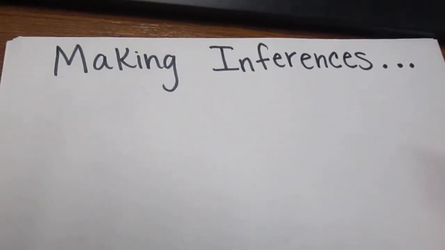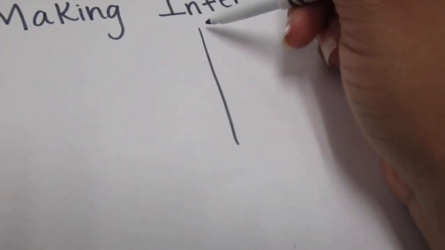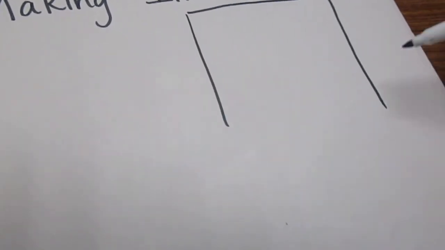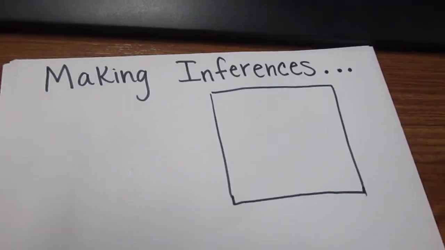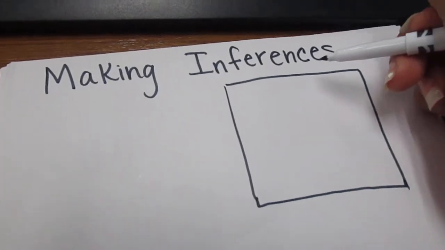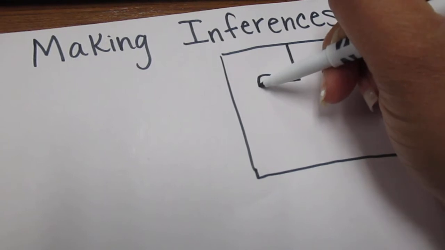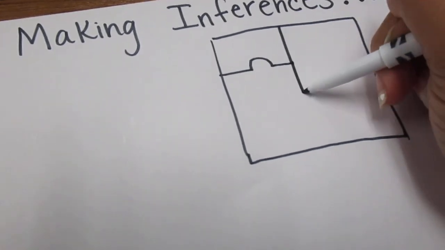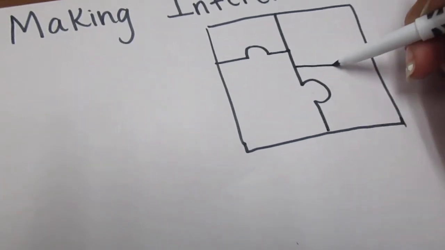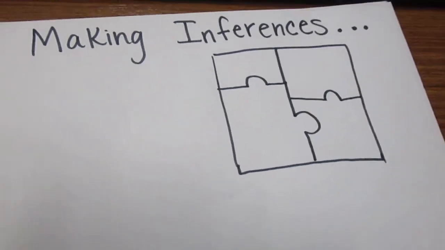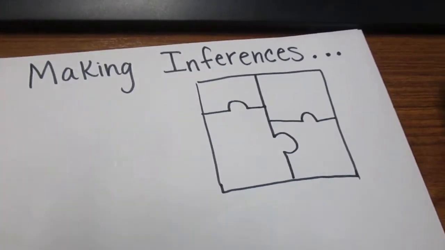So what I want you guys to do is draw this little box that almost is going to look like a puzzle piece, because that's what making an inference is, putting the pieces together. So I'll try to do something like this. Does that kind of look like a puzzle piece? Sorta. Okay, well, that's what mine looks like. Yours doesn't have to look exactly like mine.